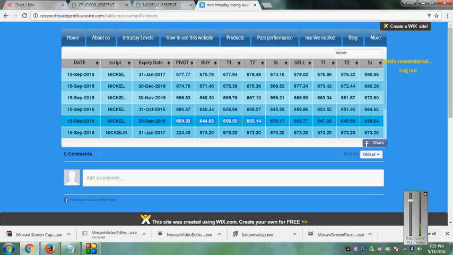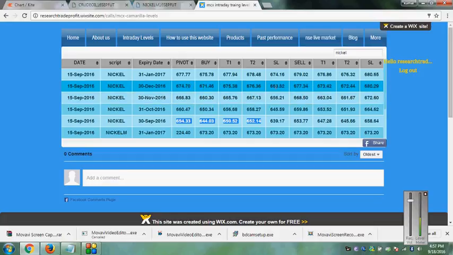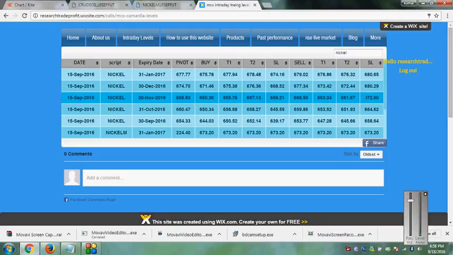We are not suggesting that exactly that level has to come. Whenever you are trying to buy, you can buy 50 paisa higher than these levels, and whenever putting a stop loss, you can put 1 or 2 rupees below these levels. In the same way, you can place selling orders 50 paisa below the selling levels. And for stop loss, I will always recommend you to put at least 2 rupees upside or downside from what we are giving here.